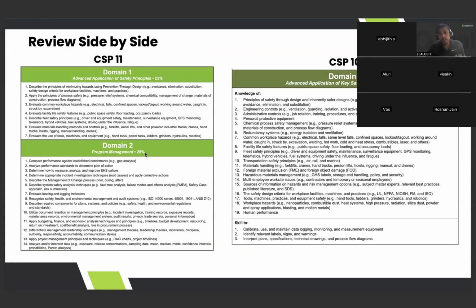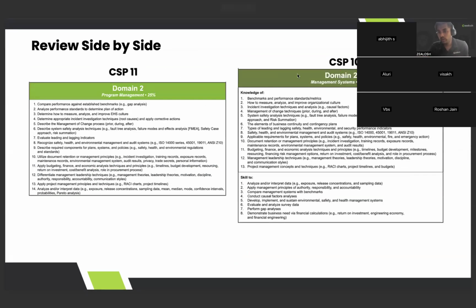Now, again, if you see the next, domain number 2, previously it was management systems. What all we studied? Benchmarking, performance standard, leading indicators, lagging indicators, culture measurement, incident investigation, different causal factors, multi-causality theories, then management of change, MOC, system safety techniques like fault tree, event tree, FMEA, HAZOP, safety case, safety studies, these types of things.